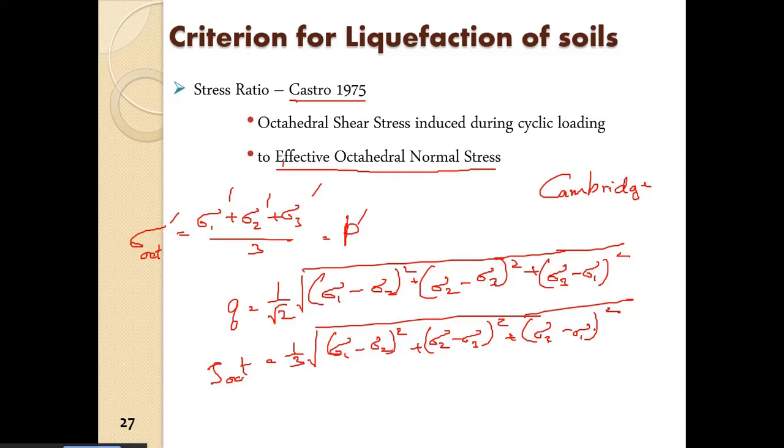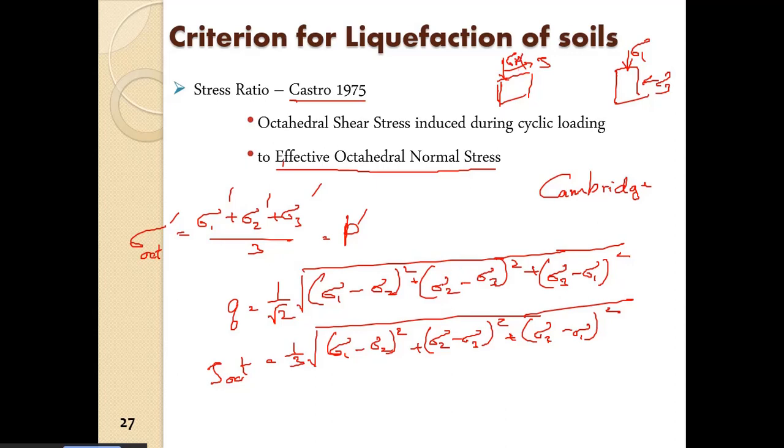Ultimately he defined the term for the simple shear case and for the triaxial case. For the triaxial case we have sigma 1 and sigma 3, and for the simple shear we have tau and sigma n, or sigma v.